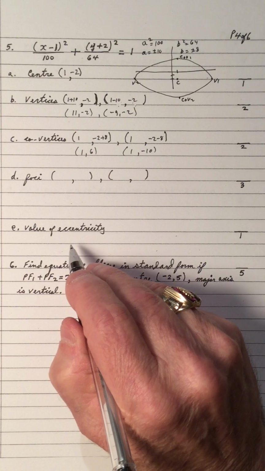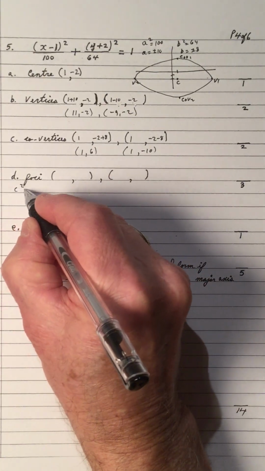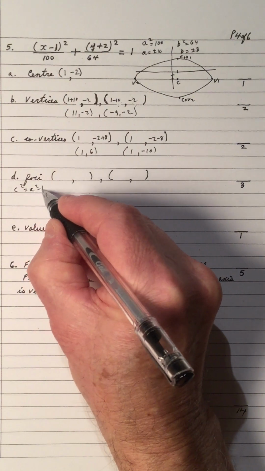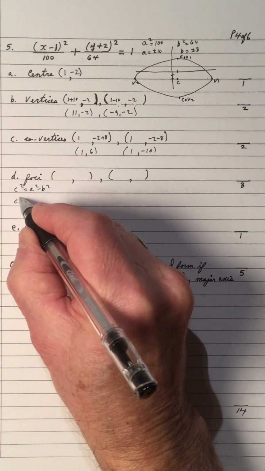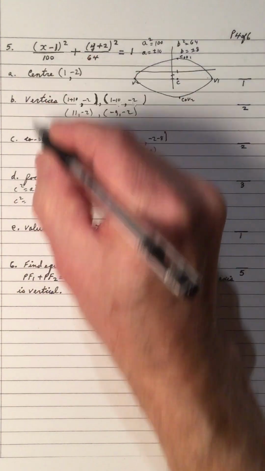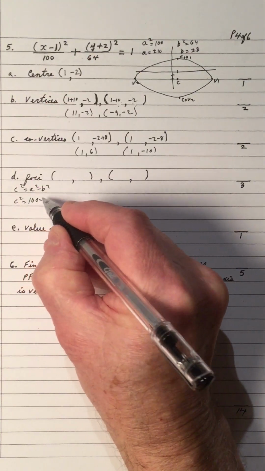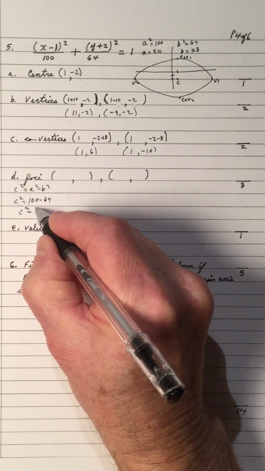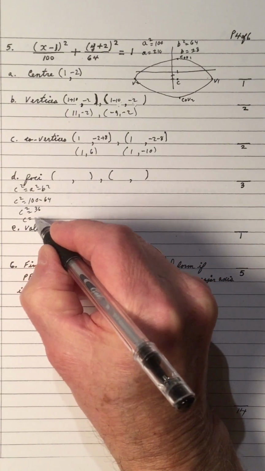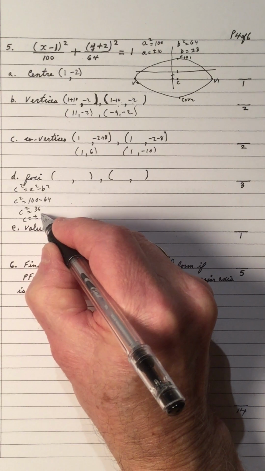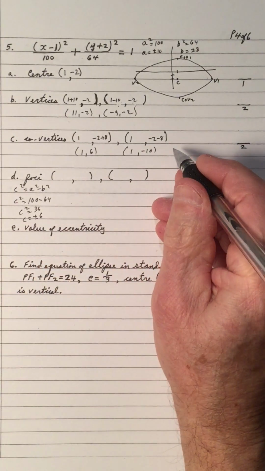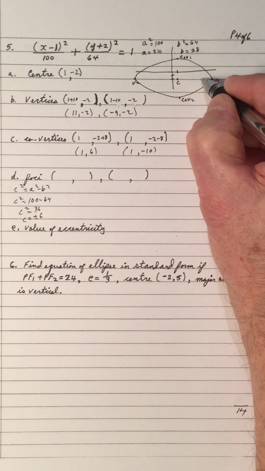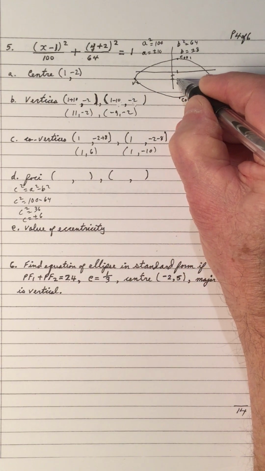Now the foci. c squared again, because the major is the x, is a squared minus b squared. So c squared, a squared is 100, b squared is 64, c squared is 36, so c is the square root of 36, plus or minus 6. So that means that the foci are 6 units from the center.